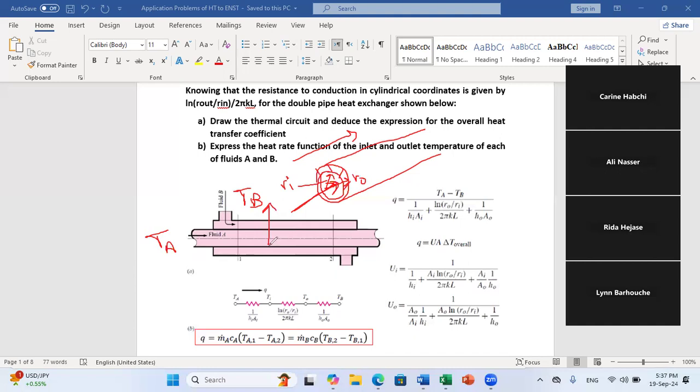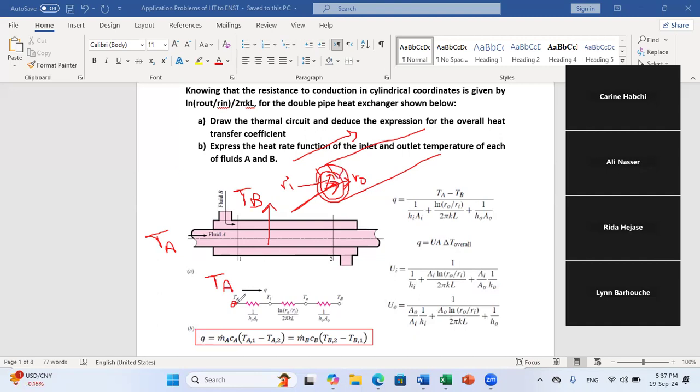So if we want to draw the thermal circuit first, to be able to deduce an expression of the rate of exchange, we start with the highest temperature. Let's say we know the temperature of fluid A. So the first type of resistance, from fluid to surface, is by convection.